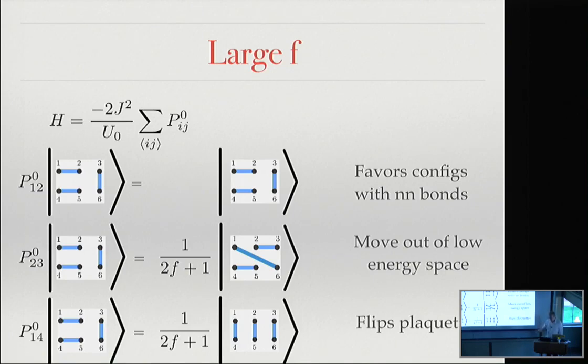It turns out there's a geometric way to answer that: you lay the two patterns on top of each other, right? And you can imagine that when you lay two sets of bond patterns on top of each other, you're going to get a bunch of loops. You can express the overlap, I think, as (2f plus 1) to the number of atoms divided by the square root of (2f plus 1) to the number of loops.